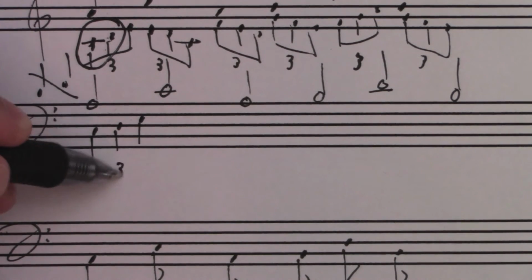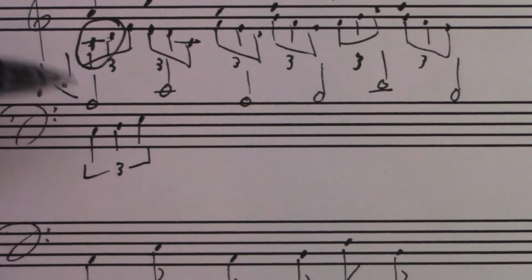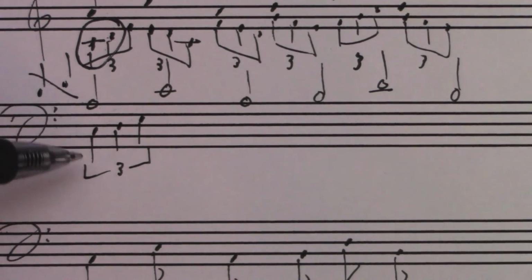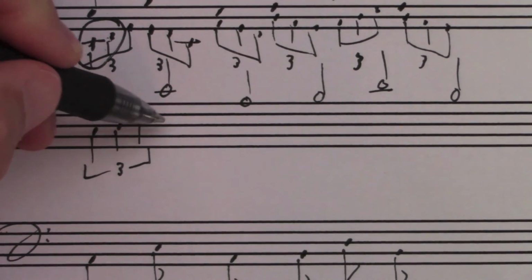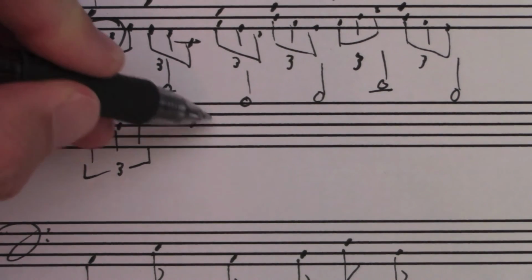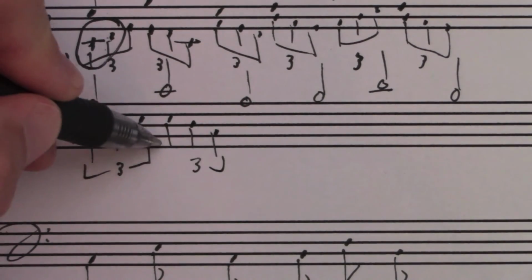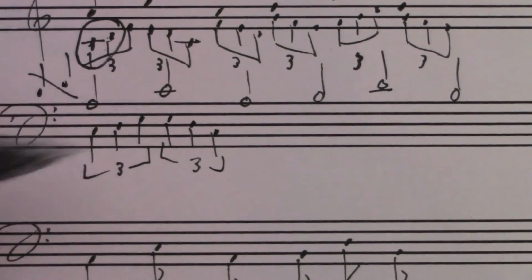And in this case, we need to put a little bracket there because there's no beam connecting the notes naturally. So for a half note, we would have triplet quarter notes: 3 quarter notes that fit into the space of 2 quarter notes, which would be something like this.